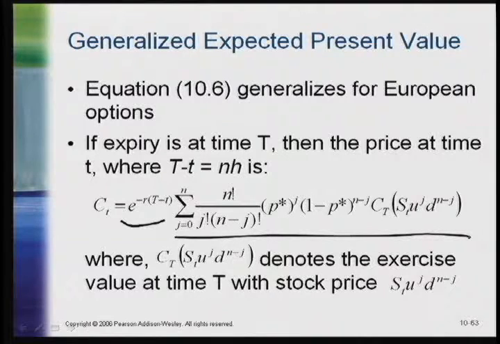So we have a present value, and this summation, although it can be a little imposing, you're probably familiar with the binomial distribution. If we have n steps from initial time little t to capital T time, n steps will produce n plus 1 stock prices, and those n plus 1 stock prices will each be defined as the initial stock price times some number of U's and some number of D's, where the total number of U's and D's is n, because in each step we're going to pick up a U or a D. So we have the exercise value of the option at time T for each of the n plus 1 stock prices, and then we see these are the binomial probabilities of each of those stock prices prevailing.